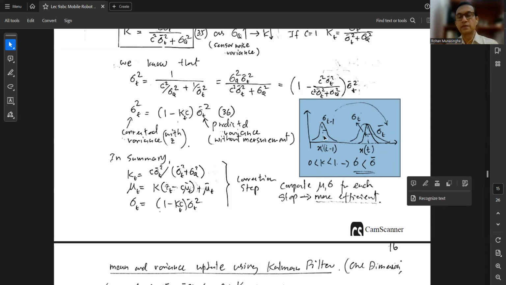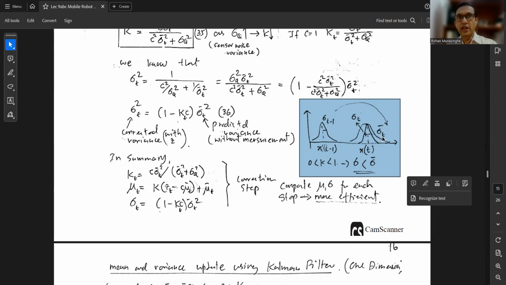On the right, you can see the new probability density function as sigma bar t, which is a bit broader. This is what we expect when you extrapolate using your vehicle model. All the errors in the vehicle dynamics come into the new probability density function, making it a little broader.